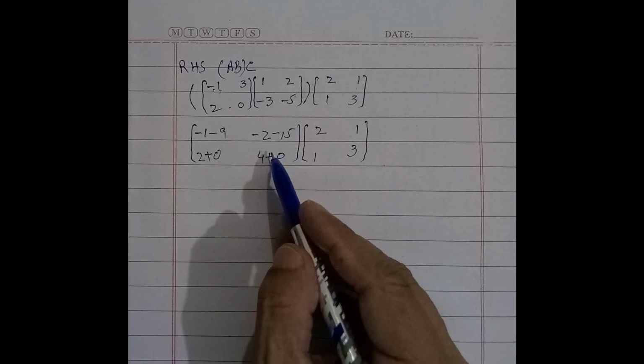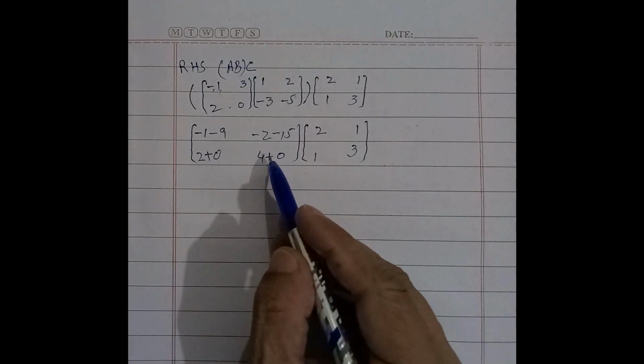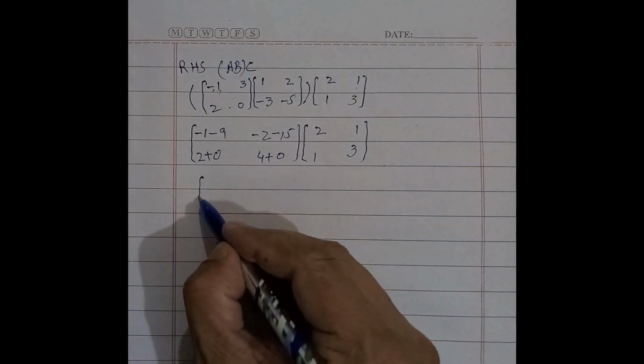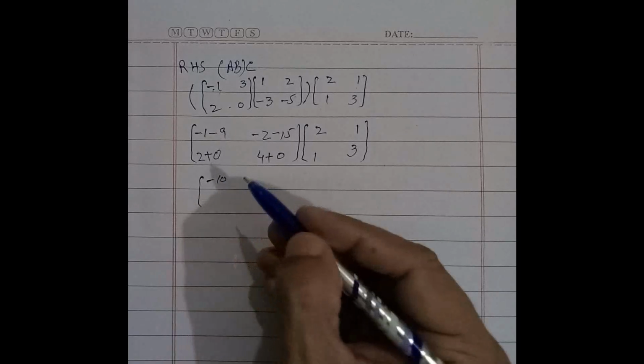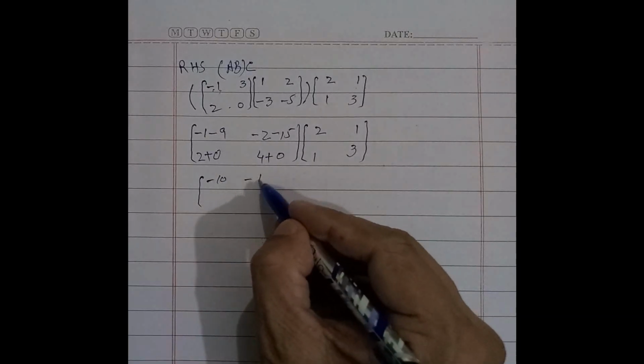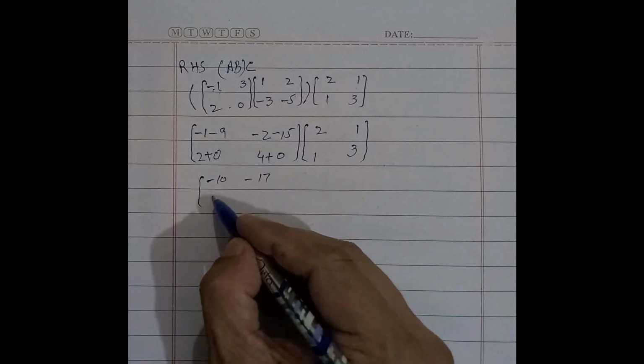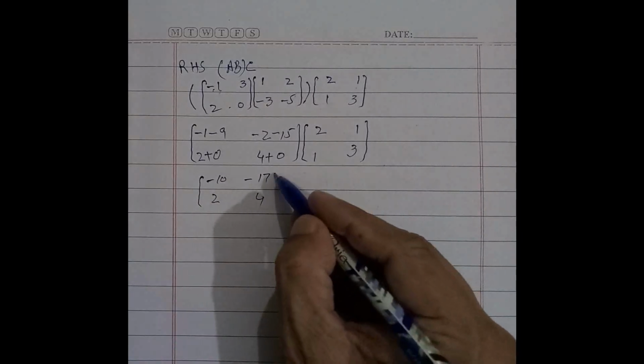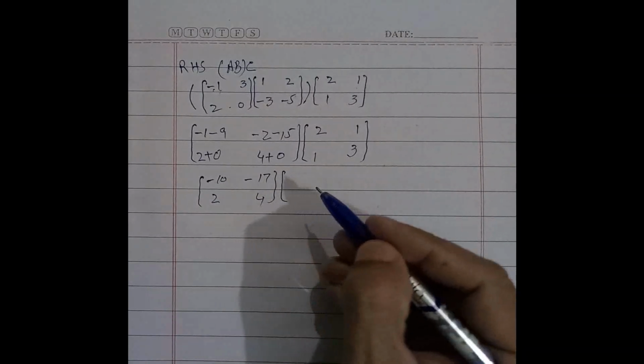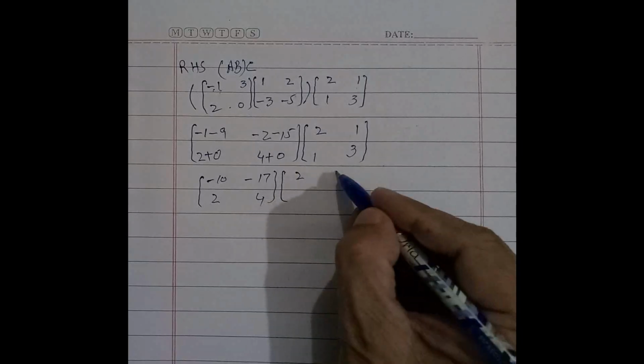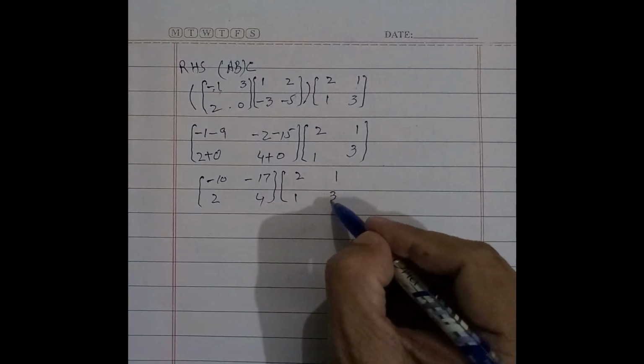Simplify these two matrices, the product of the two matrices, which is AB. We get -10 -17 2 4, and C matrix is 2 1 1 3.